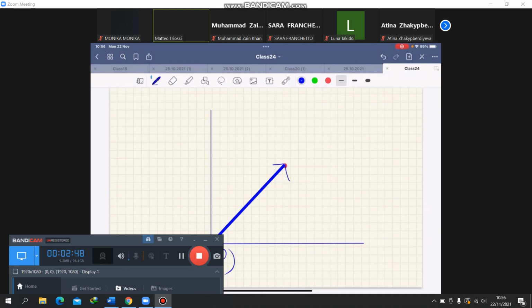And that's why you need the arrow. But really, we are talking about coordinates. If you have the coordinates, you don't need to draw any arrow, unless you find it useful for better understanding. This is a vector.